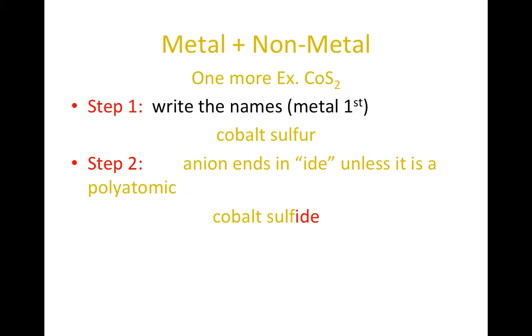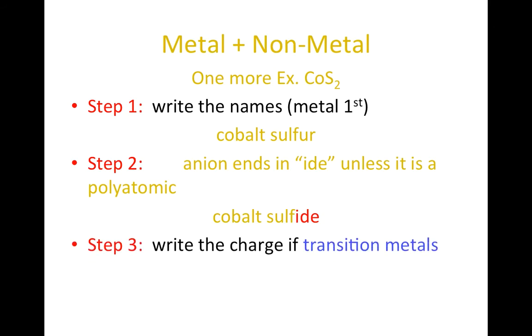You know that sulfide, if you look on the periodic table, right below oxygen, has a 2- charge. There are 2 of them in this. So 2 -2 sulfides is a total of -4. So that -4 charge must be balanced by a +4 cobalt charge. So it's cobalt 4 sulfide.